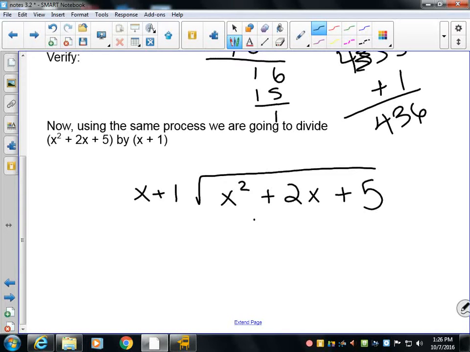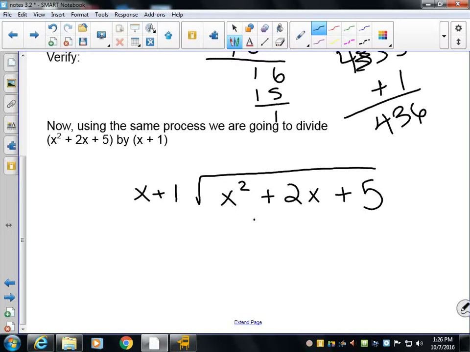When we do polynomial division, you have to make sure that it goes x squared, x, and a number, or x cubed, x squared, x, and a number. You can't miss out anything. If you miss out on something, you have to put a 0 there. So if it was just x squared plus 5, I'd write x squared plus 0x plus 5. Okay?